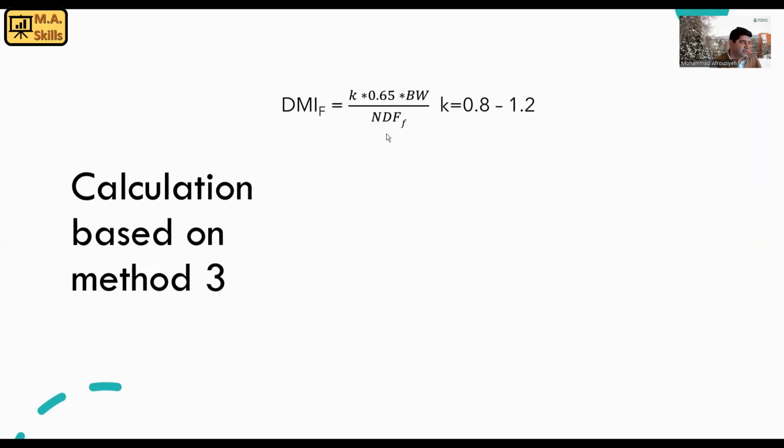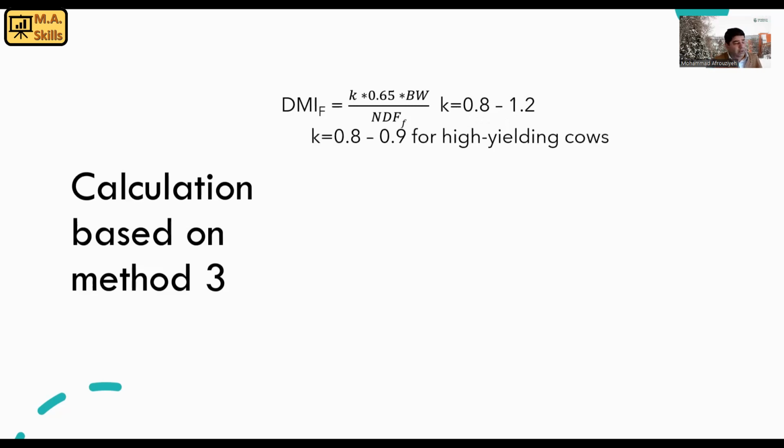So NDF, as you know, stands for neutral detergent fiber, which is the combination of cellulose, hemicellulose, and lignin.